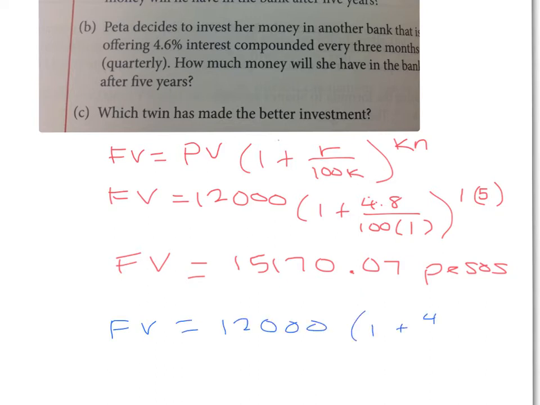Her interest rate is 4.6%, also for 5 years. Now for K, for her, if it's going to compound every 3 months, in 1 year it'll compound 4 times. So we are going to enter that into our calculator.